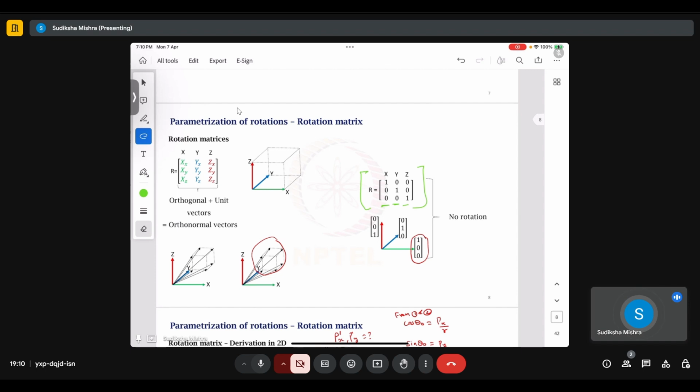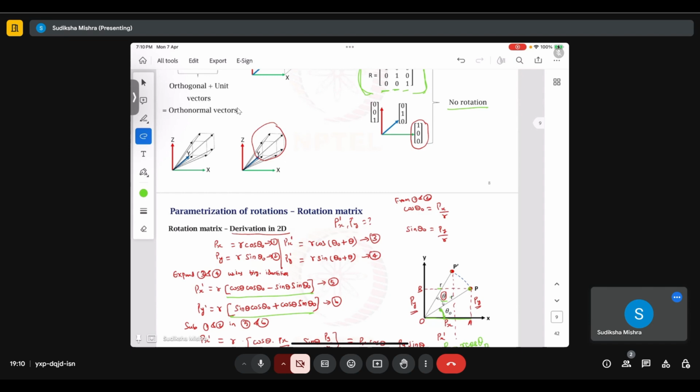When there is no rotation, the Cartesian system can be represented by 100, 010, 001, showing the x, y, and z coordinates.